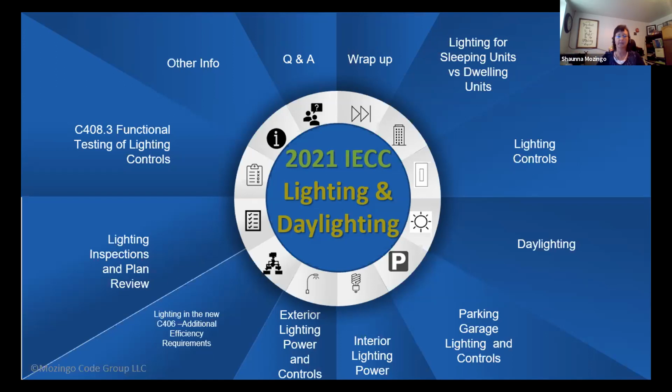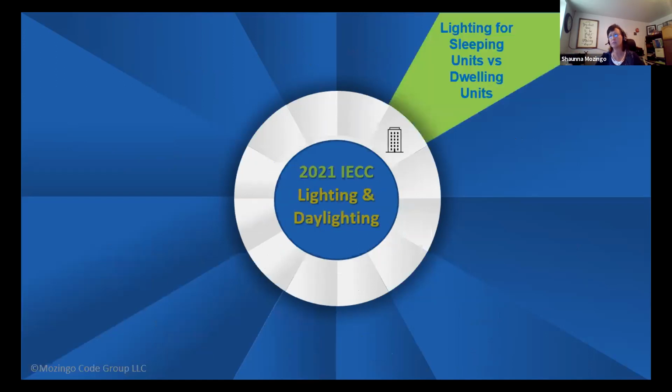So let's get started. All right, so lighting for sleeping units versus dwelling units. Reminder that when we talk about this, because we're in the commercial section of the code, we're talking about dwelling units in buildings 4 stories or more, unless you're in a jurisdiction that has amended their code, like Denver has amended their code for R2 dwelling units.